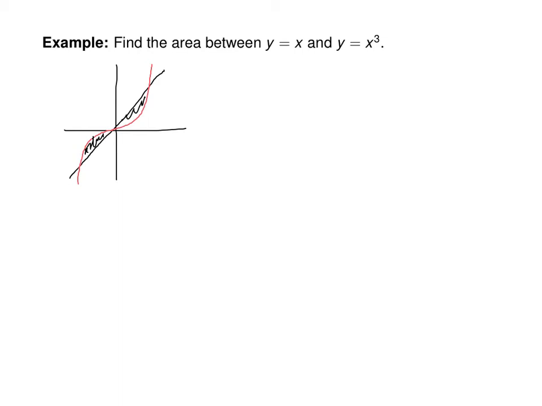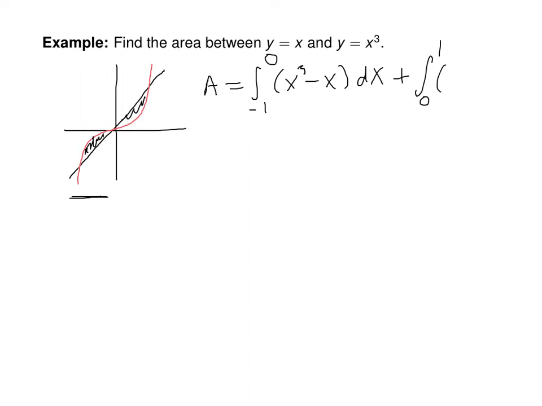The total area can be found either in two pieces, the first piece being an integral from -1 to 0, so that is this part over here, and there we will do x cubed minus x, because technically speaking x cubed is greater than x on that portion, dx, plus the integral from 0 to 1 of x minus x cubed.